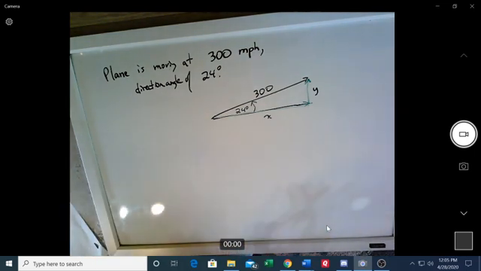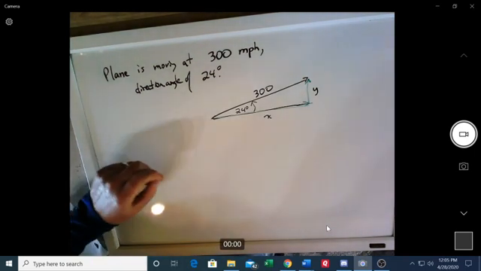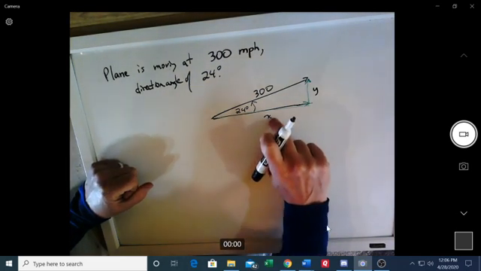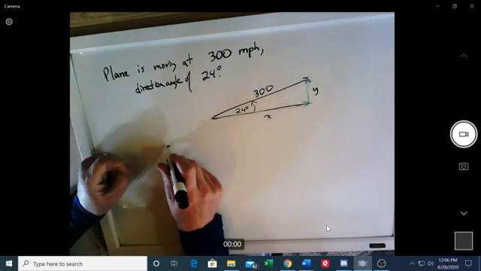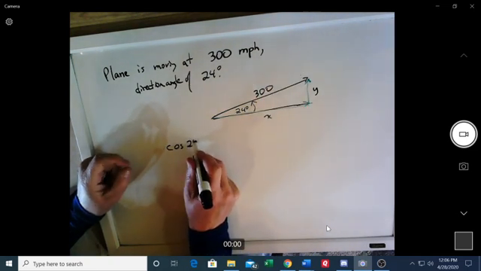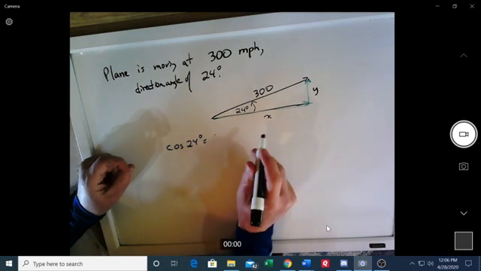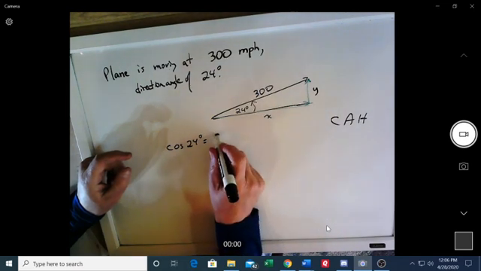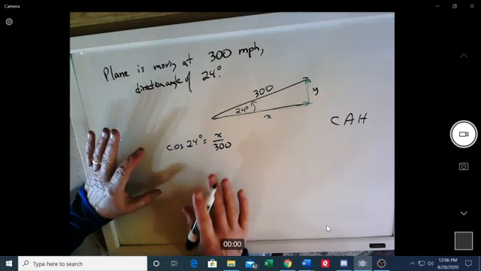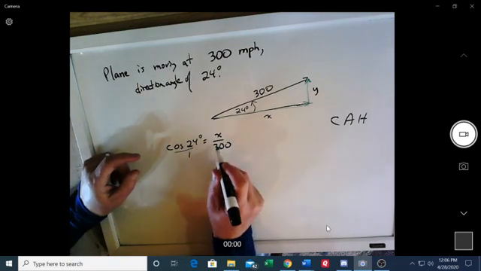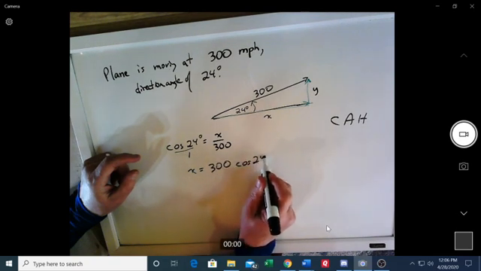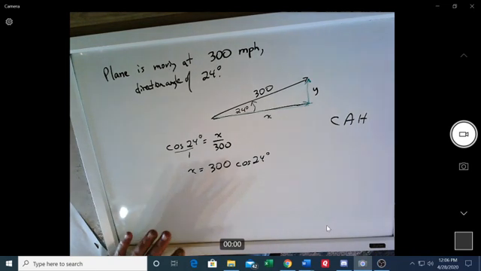The slow way to do this is to say, alright, what trig function of 24 degrees is going to use x and 300? And so I would say cosine of 24 degrees is, SOHCAHTOA, adjacent over hypotenuse. And then I would solve this. Cross multiply, x equals 300 cosine 24 degrees. And you could do a similar thing to get the y.